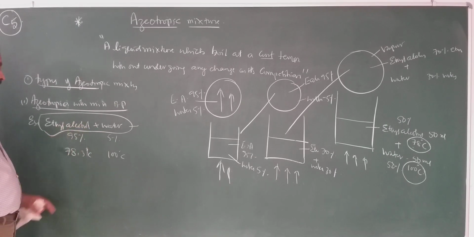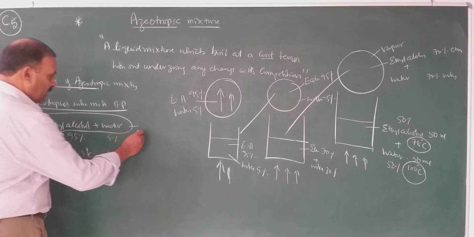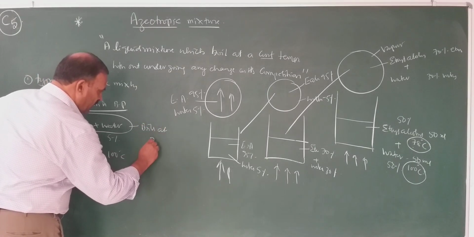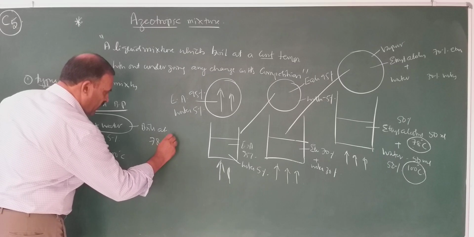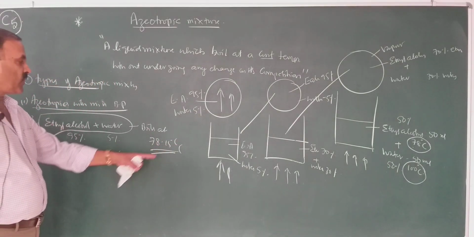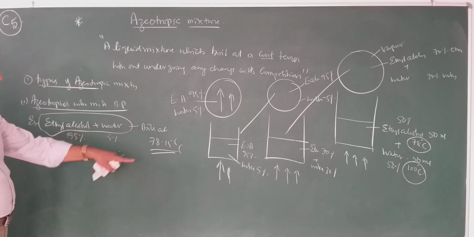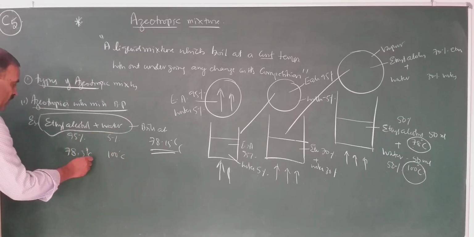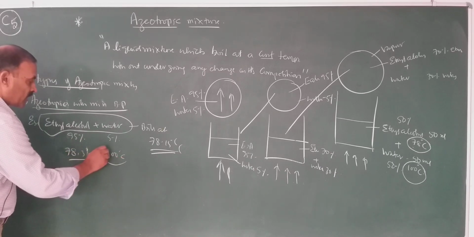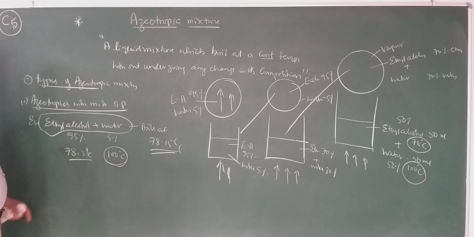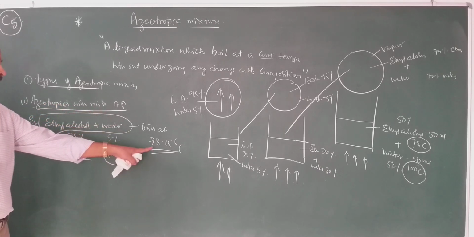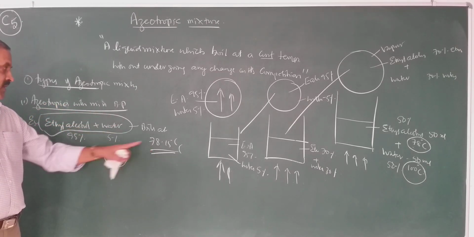So this liquid mixture boils at 78.15 degrees centigrade. This 78.15 degrees centigrade is less than the boiling point of pure ethyl alcohol and pure water. Therefore, this azeotropic mixture is called azeotropic mixture with minimum boiling point.